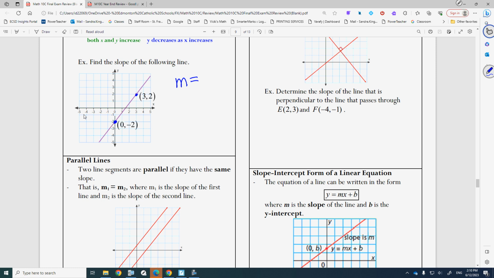Sophie, what are you getting for slope? Yes, you're rising 4, and you're running 3. Now, I want you to confirm this slope using this formula. This formula will be on your formula sheet.